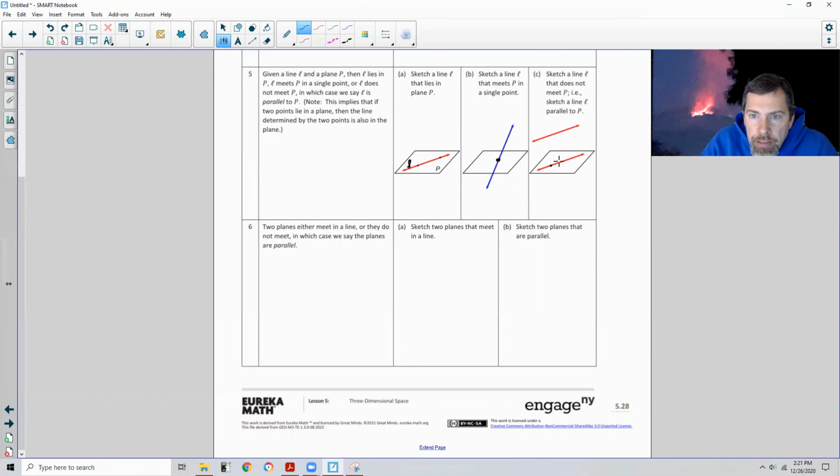So if I put the two dots here, and this is P, that is on the plane. This line is obviously not on the plane, and they are parallel.